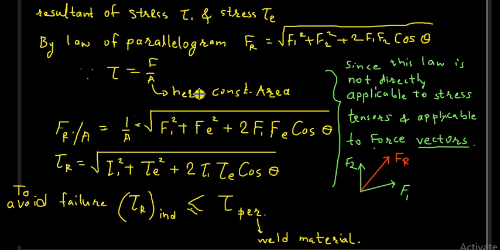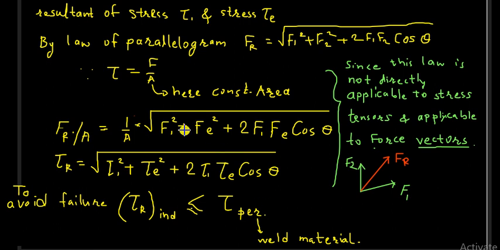Just by finding the resultant shear stress and equating it with the maximum permissible shear stress, we will get our required dimensions for the plate, throat thickness and length of the weld bead.